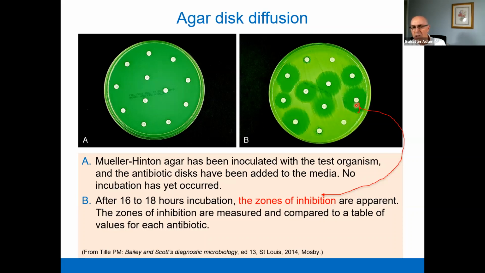The zone of inhibition means the antimicrobial agent doesn't allow the microorganisms to grow. It kills the bacteria. Here this is susceptible to these antibiotics, but here is resistant to these antibiotics, because there is no zone of inhibition here. The microorganisms are growing around these antibiotics.